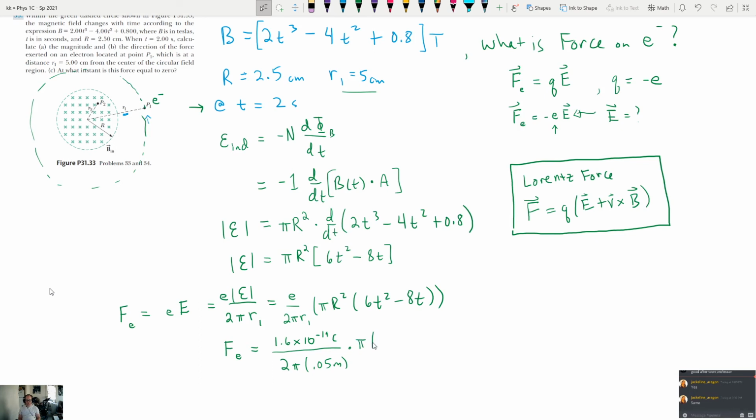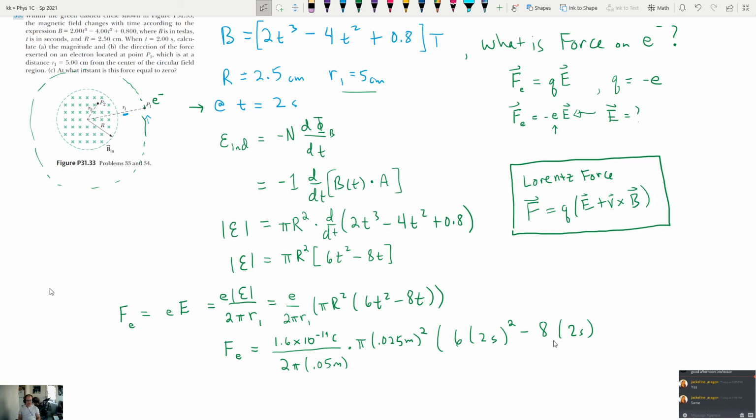Big R squared is 2.5, so 0.025 meters squared, times 6 times 2 seconds squared minus 8 times 2 seconds, because we're finding the force when t equals 2 seconds: calculate the magnitude and direction of the force on an electron located at P1, which is there. Okay, so there we go.